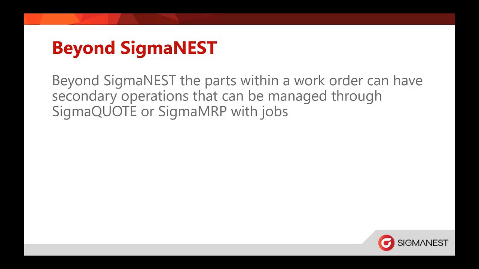And that is where SigmaQuote and SigmaMRP come into play with jobs. So with a job, this is the full encompass of a work order. So once you get the job and you get the parts in, this includes any secondary processes that may be required. So we can factor in if the part needs to be bent or painted or anything like that. We can factor that in into the job for the software to manage.